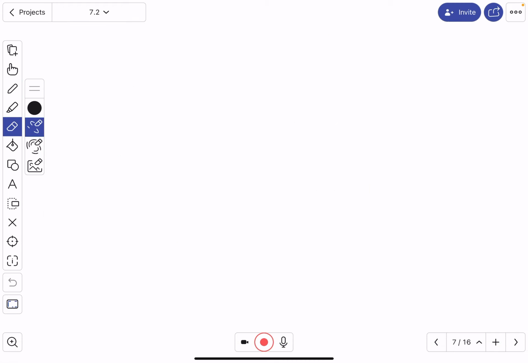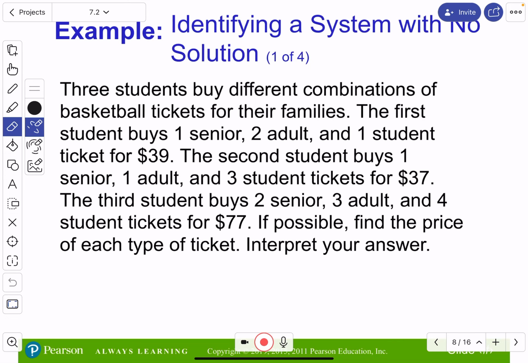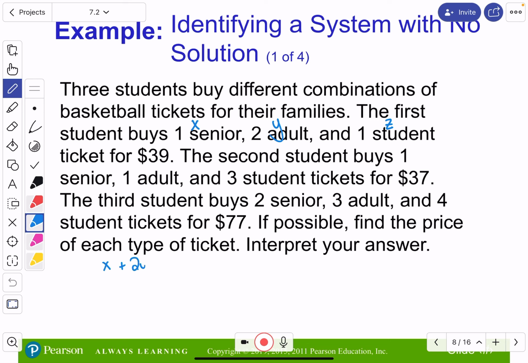Okay, next. Oh, I did that there. Okay, 3 students buy different combinations of basketball tickets for their families. So the first student buys 1 senior ticket, 2 adult tickets, and 1 student ticket. So if we wrote that equation, it would be 1x plus 2y plus z, and they spent $39.